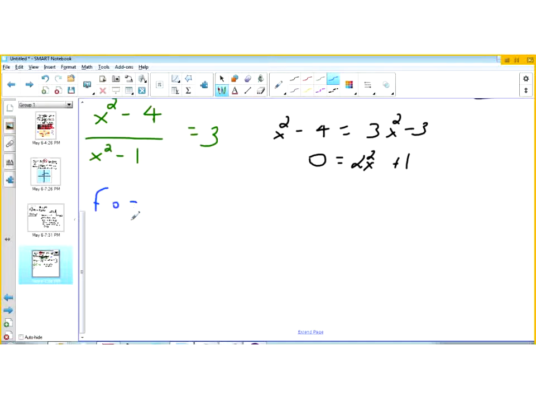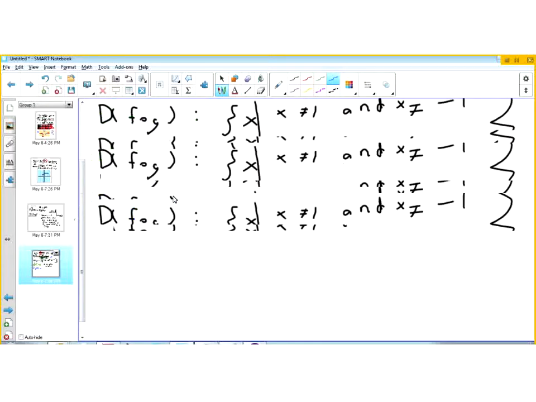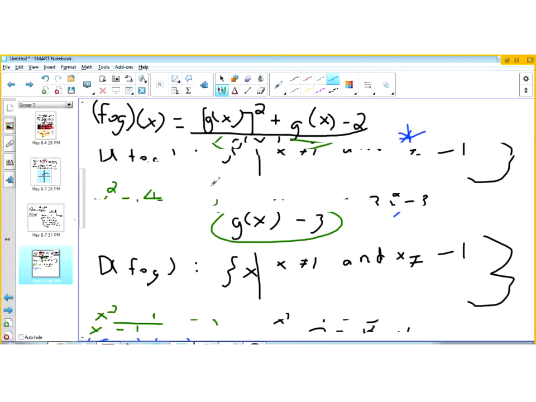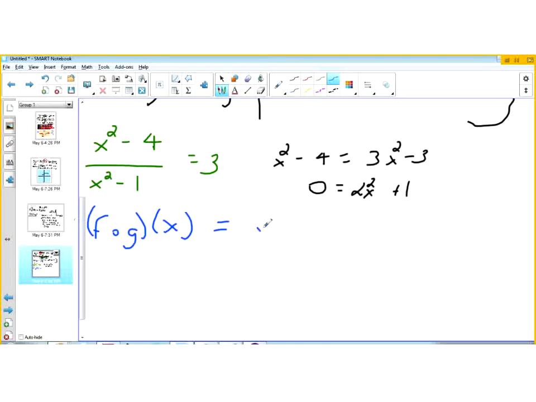So f composed with g of x is equal to, well, let's see, we need g of x squared. So that would be g of x, which is x squared minus 4 divided by x squared minus 1, and we take that quantity and square it.